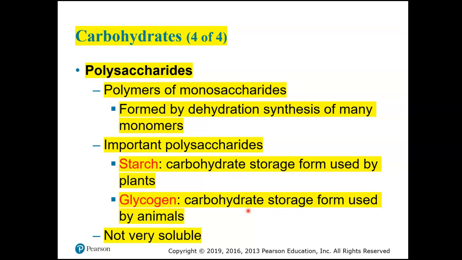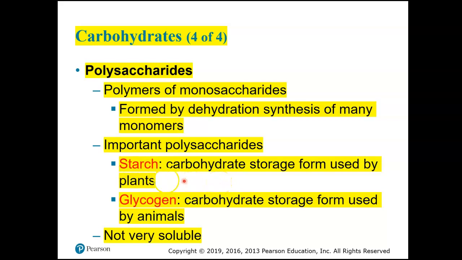All right, polysaccharides are the polymers, the long chains of monosaccharides. Just like disaccharides, they're formed by dehydration synthesis, and then they're broken down by hydrolysis. The important polysaccharides for us are starch, because a lot of our nutrition comes from eating starchy foods.